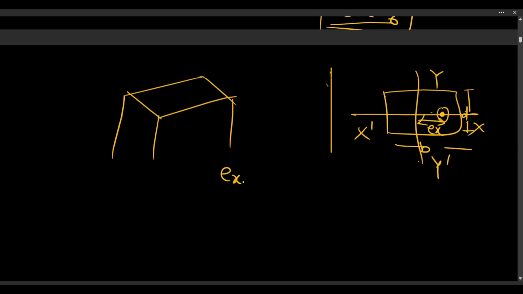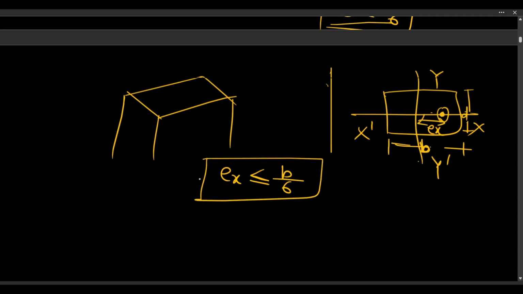So our ex should be less than or equal to b by 6, where b is the width of the column. Similarly, eccentricity along the y direction should be less than or equal to d by 6. We can use the similar case as well.